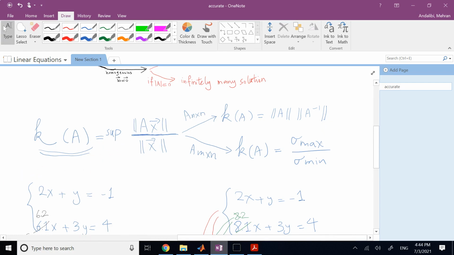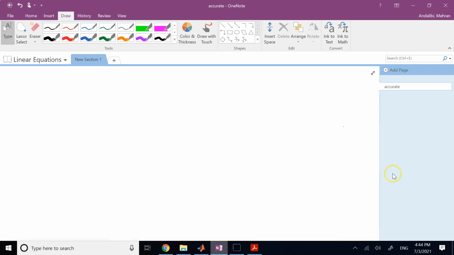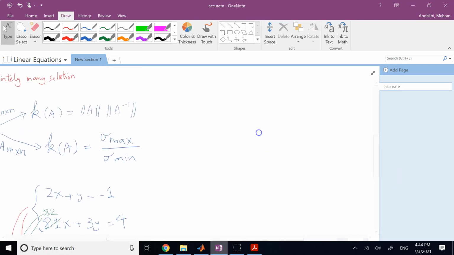So if I want to write it somewhere for you, when kappa is large, your set of equations is sensitive. We say the set of equations is ill-conditioned.